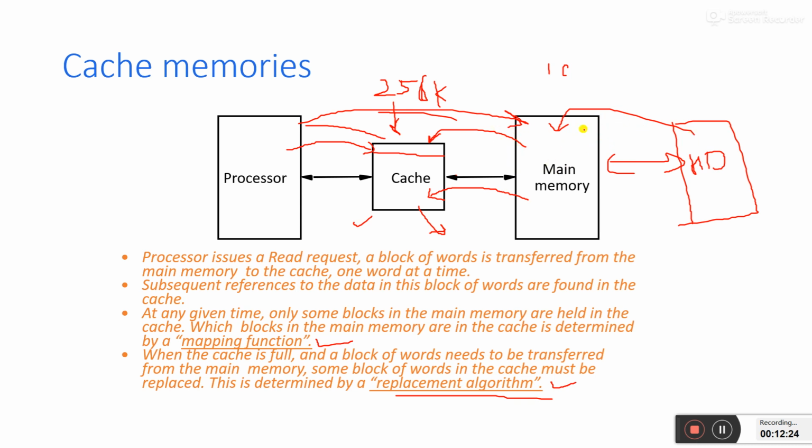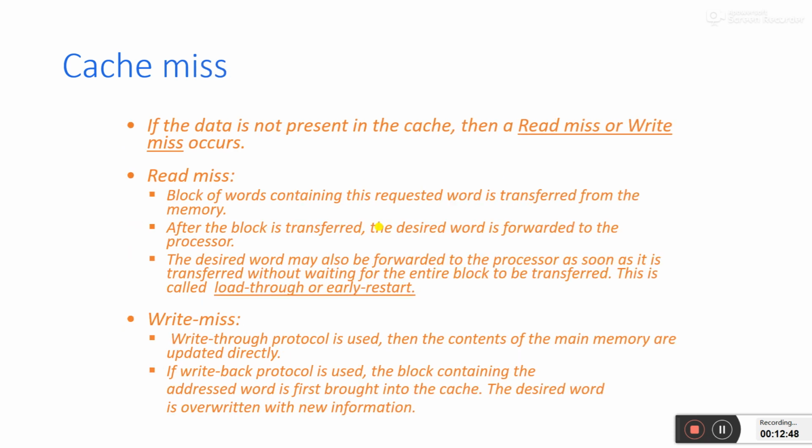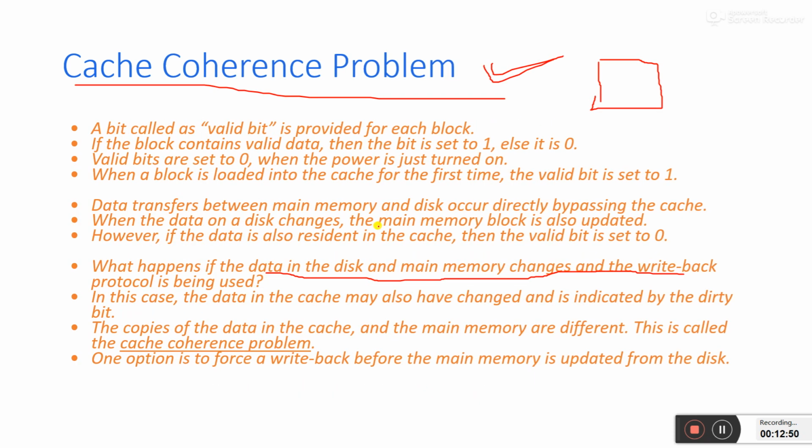Now this block of data is not present in the cache. If this happens, then this is a cache coherence problem, because no coherence exists between the cache and the main memory. The same set of data is not present in the main memory and the cache. Whatever data is in the main memory must be in the cache memory, otherwise the cache coherence problem will exist.